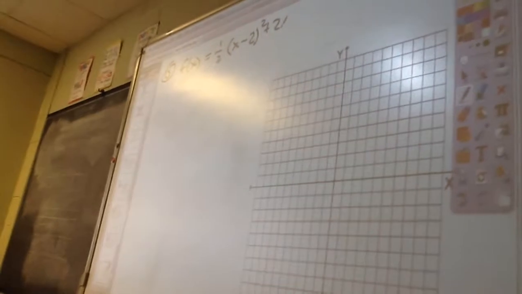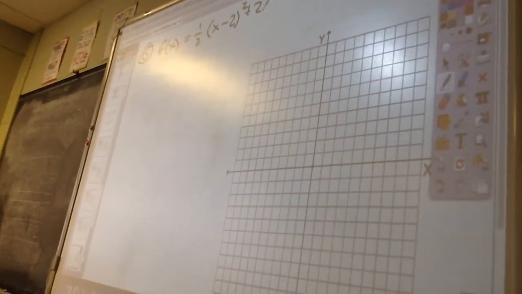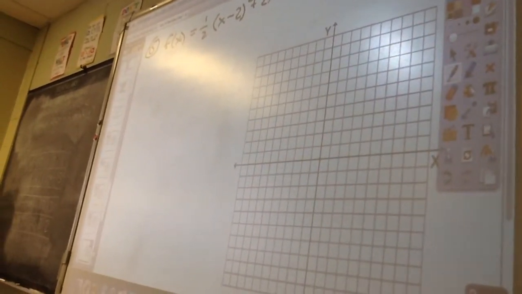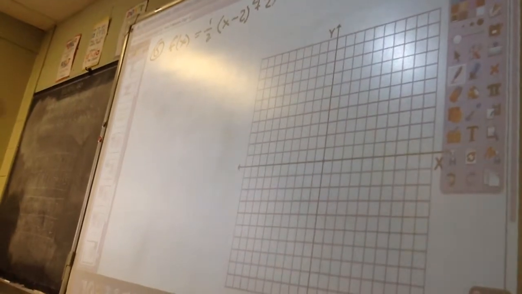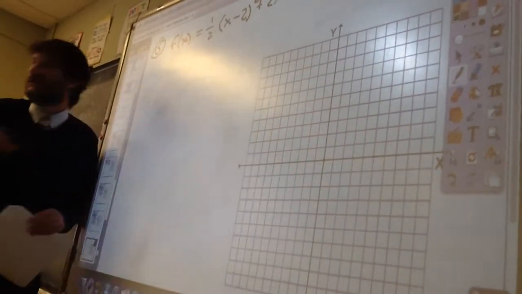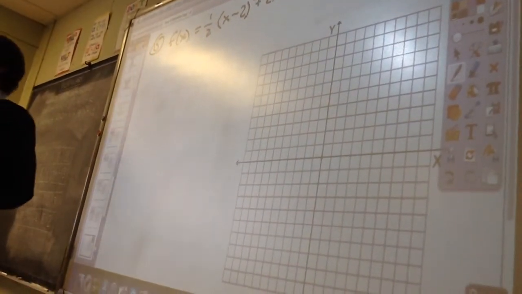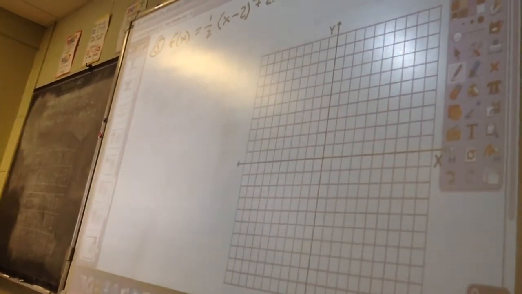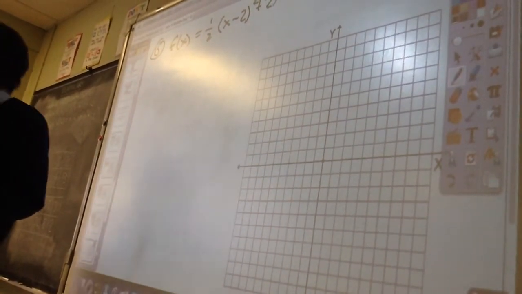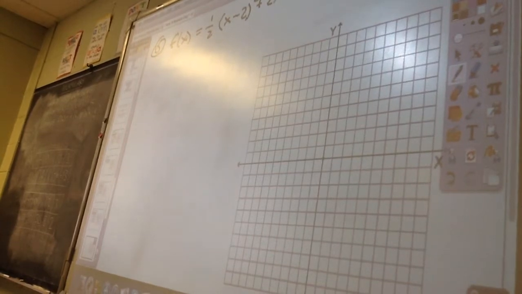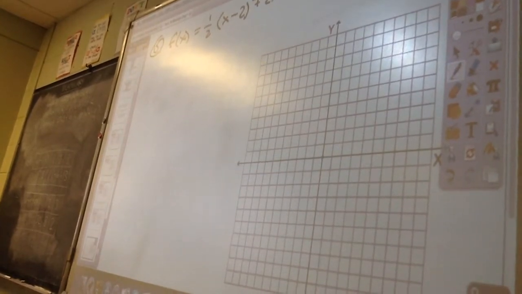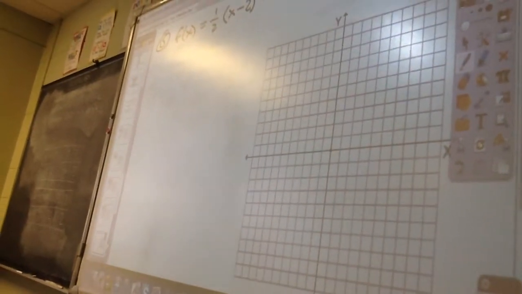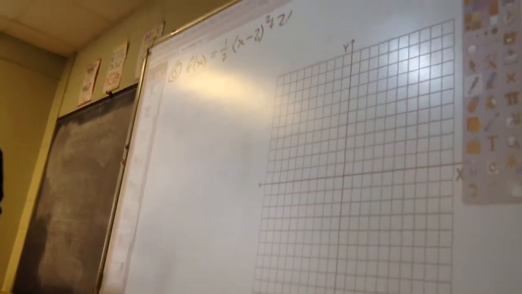So that whole first step with the -b over 2a is subtracted out. I don't have to do that. I just look at it and I know what the vertex is. Who thinks they can tell me what the vertex is? 2 is the x value. What's the y value? 2. Yes, the vertex is (2, 2).